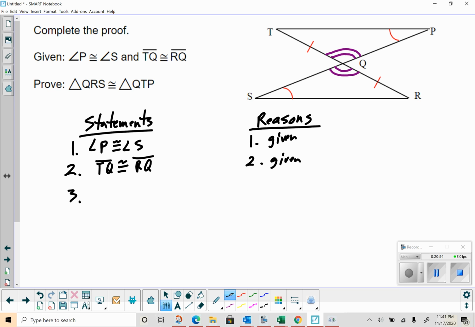So let's name those two angles. Please don't say angle Q is congruent to angle Q. That is inaccurate. It is not specific enough.